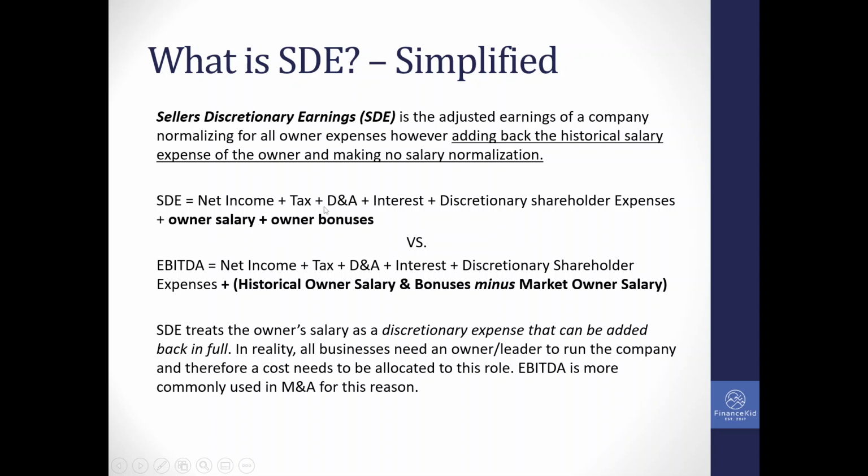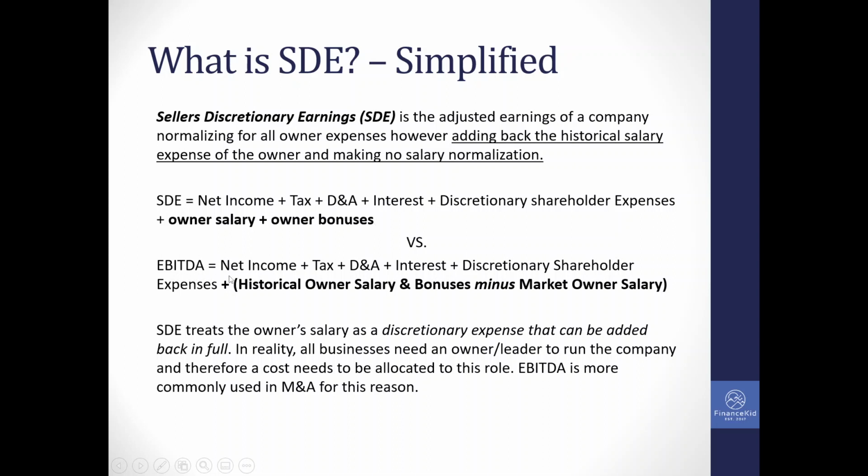So here are the formulas for both definitions. So SDE, net income plus tax, depreciation, interest, so that's traditional EBITDA plus discretionary expenses over here, is the identical same calculation for EBITDA, but now I'm adding back the salary of the owner and the bonuses that owner paid themselves, and that is my SDE.